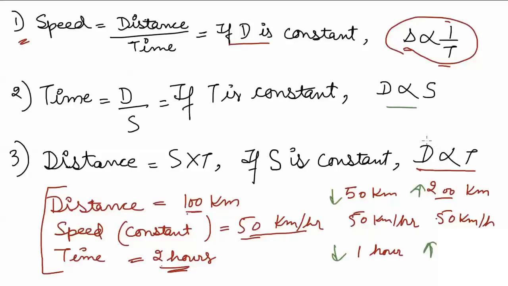Thus the distance is directly proportionate to time, and there is a direct relation. If the distance increases, the time taken also increases. Similarly, if the speed increases, the time taken decreases, and if the speed decreases, the time taken increases.